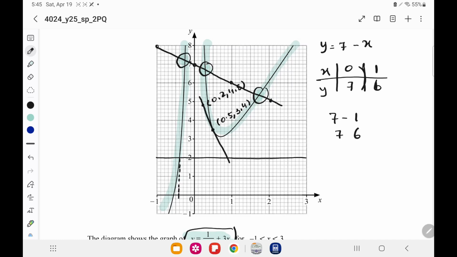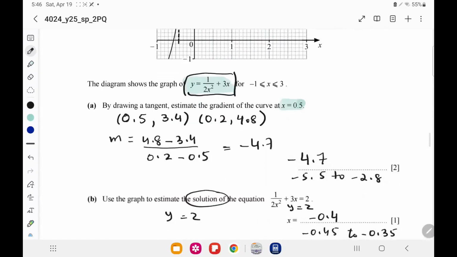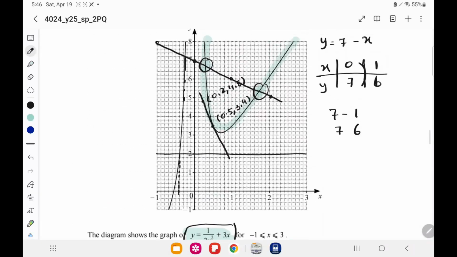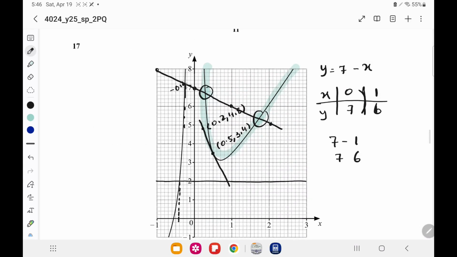Find out what the numbers are. Looking at the first one, it is minus 0.25. If you just draw the line, it is minus 0.25.